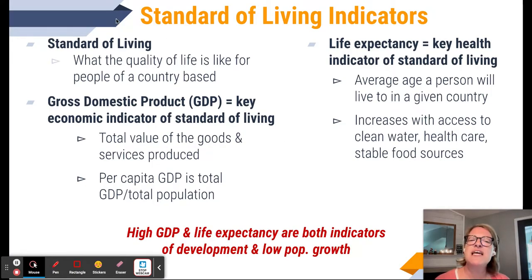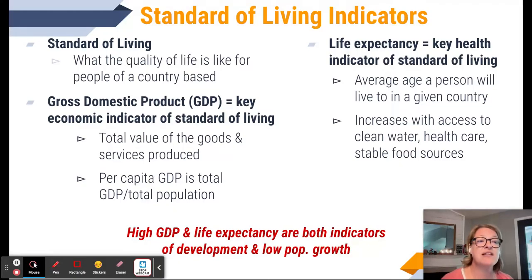All right, so standard of living indicators. So the standard of living is what the quality of life is like for people of a country. And it's based on two different things. We look at two different factors. We look at gross domestic product, or GDP. This is a key economic indicator of a standard of living.